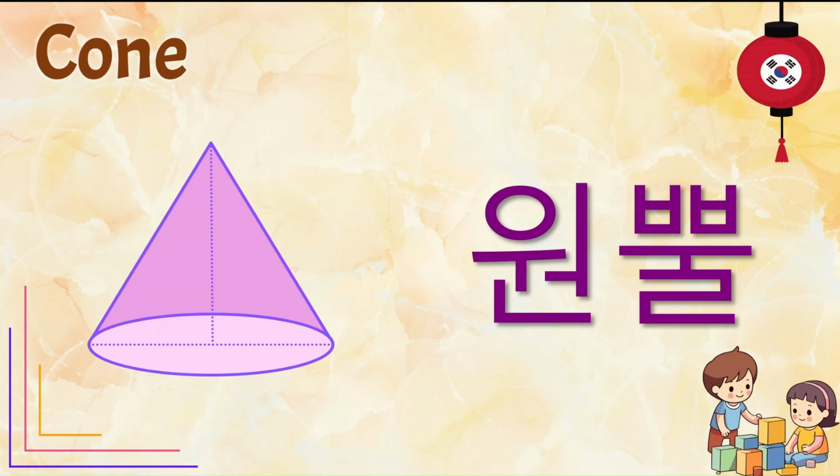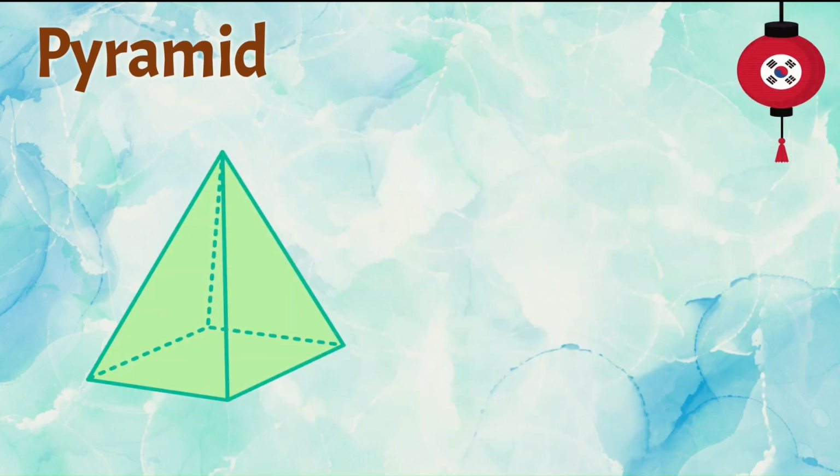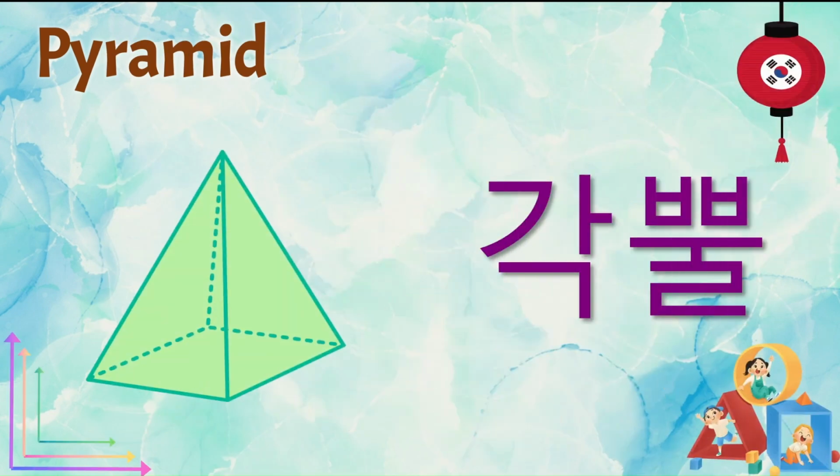Next comes the Korean word for pyramid, and that is 각뿔. 각뿔. Now here, 뿔 we know is used to indicate that the shape is pointed. Okay, we are talking about a pointed shape. So yes, a pyramid is a pointed shape.